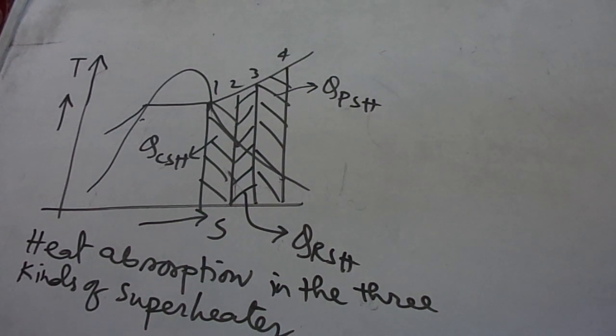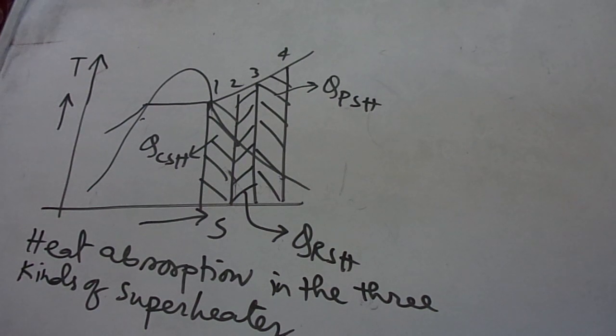Steam leaving the radiant superheater goes to the desuperheater, where highly pure water is directly sprayed onto the steam in such a quantity that the temperature of the steam after the last stage of superheating in the pendant superheater, PSH, is controlled. Okay, this is the pendant superheater.